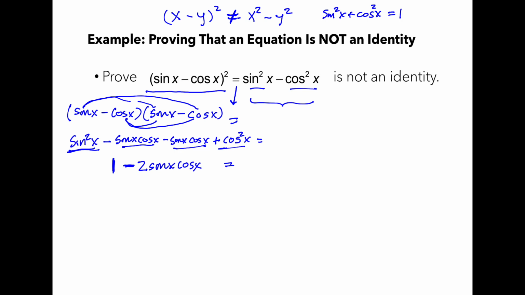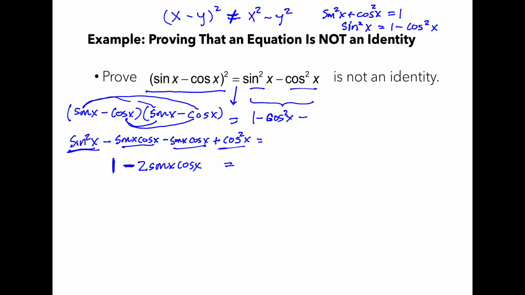If I subtract cosine squared x from both sides, I can see sine squared x is equal to 1 minus cosine squared x. So that's something I could do. I could rewrite sine squared x as 1 minus cosine squared x.